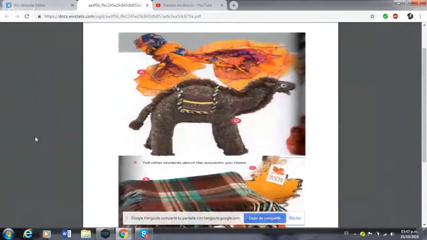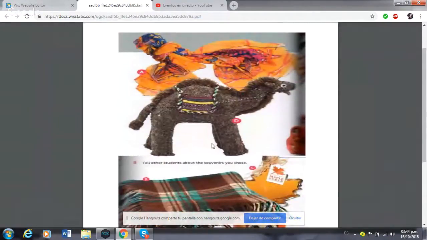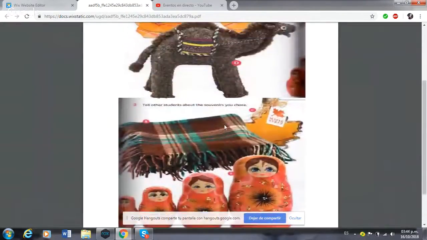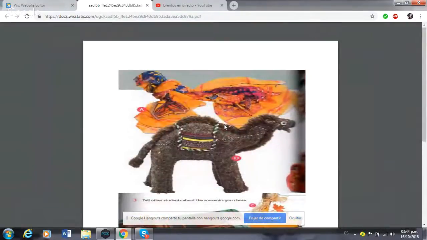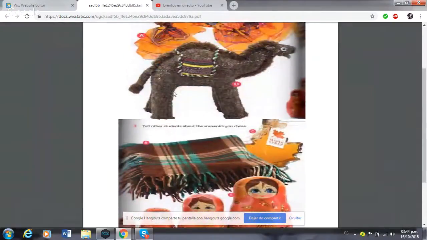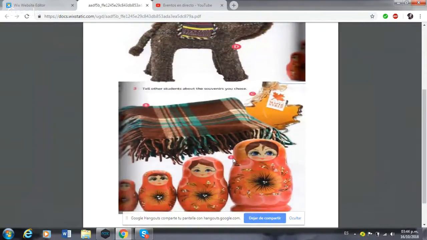Then you need to look carefully at these forms, A, B, C, D, and E. There are five photos.